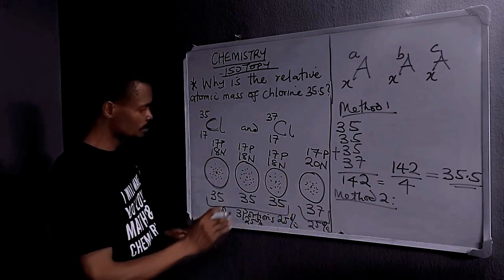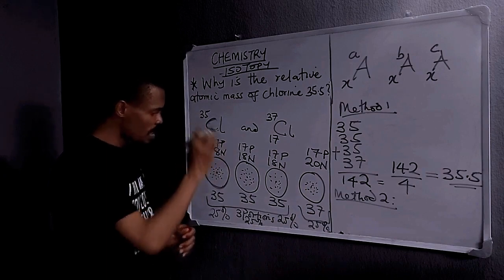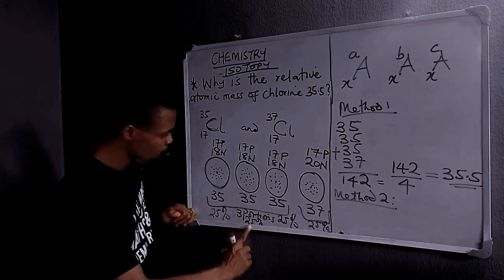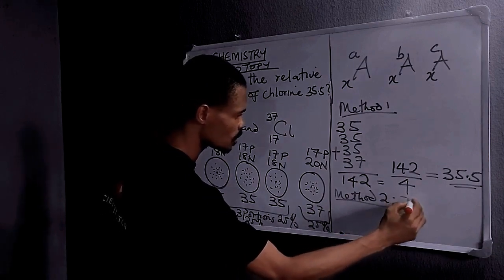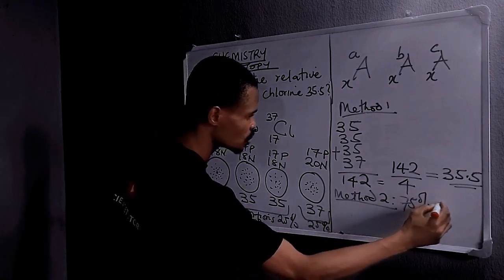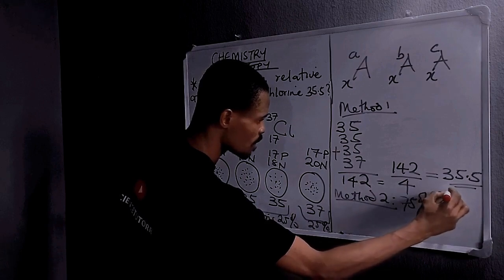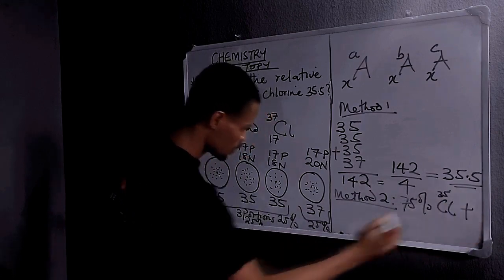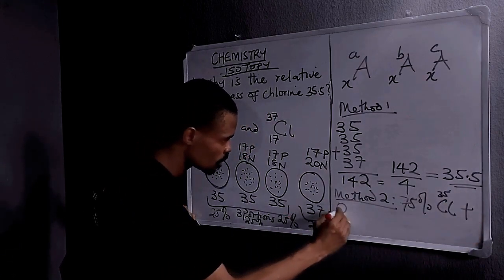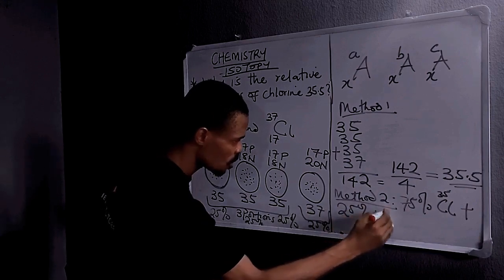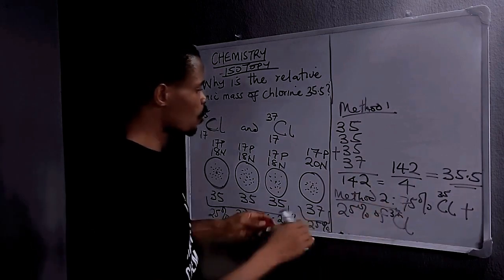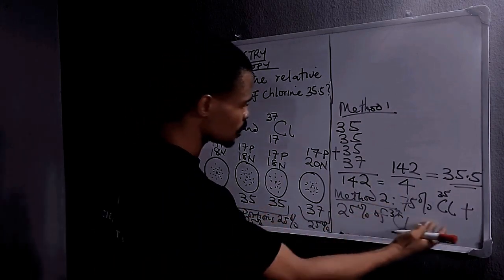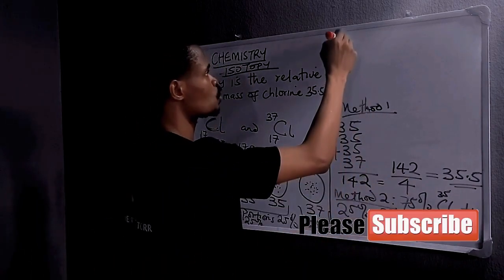So for chlorine 35, we have 25, 25, 25, which makes 75% of chlorine 35, plus 25% of chlorine 37.